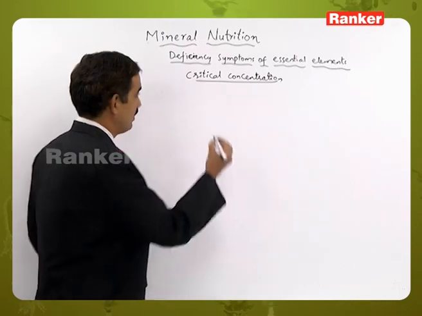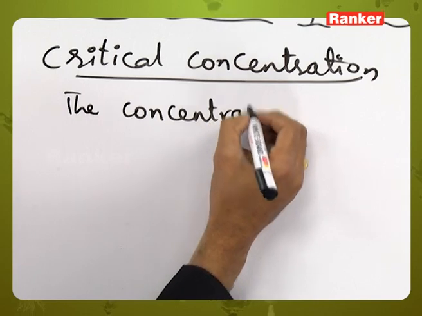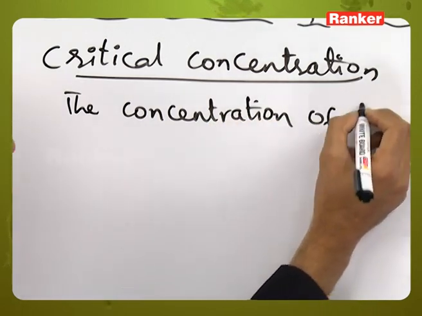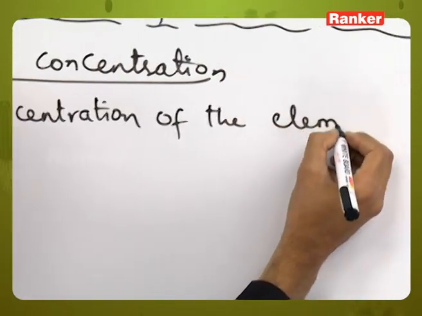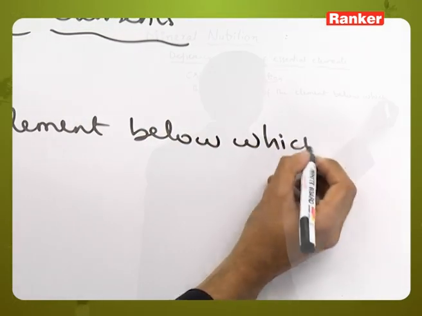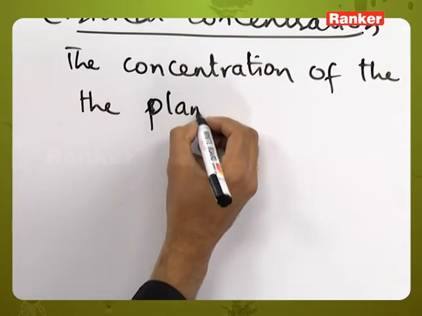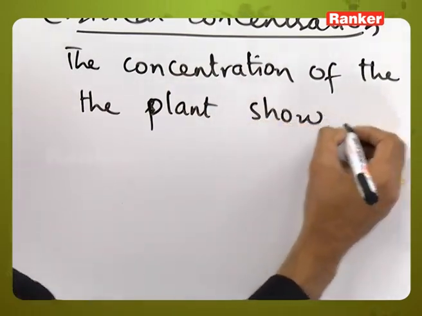That is the concentration of the element below which the plant shows retarded growth.